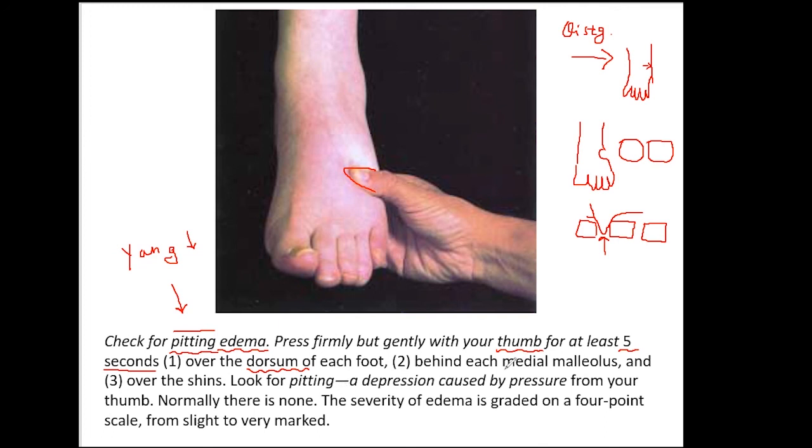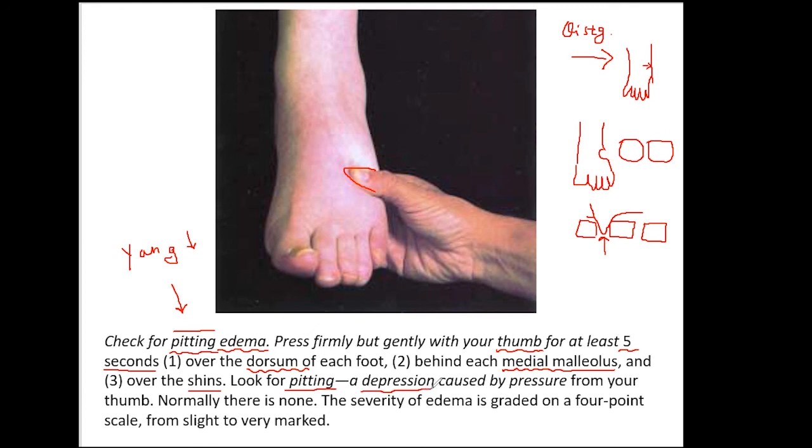And also behind the inside of the medial malleolus, where we found the pulse in the last pictures, and cover the same area. So basically, we're looking for the pitting there.